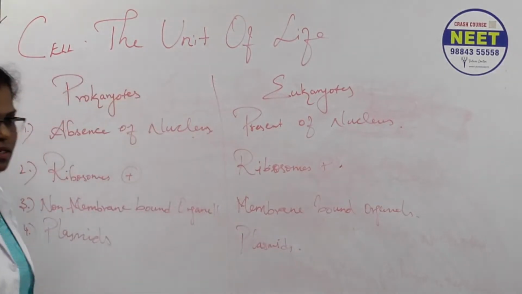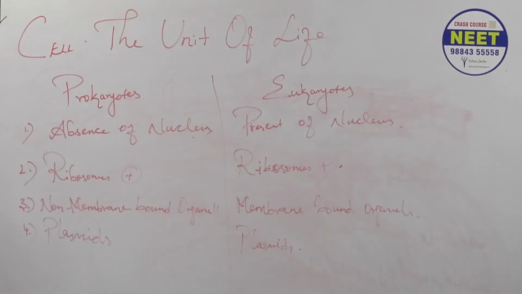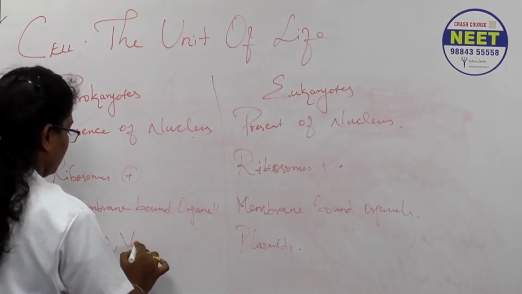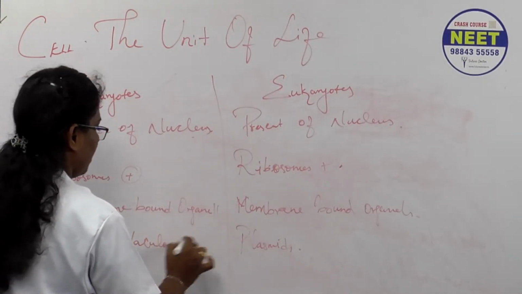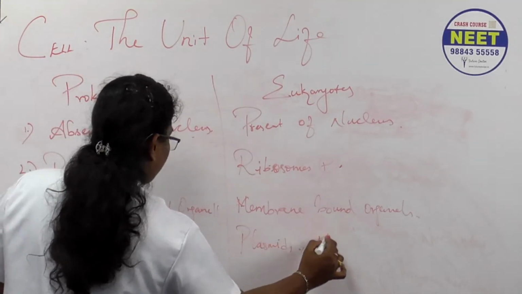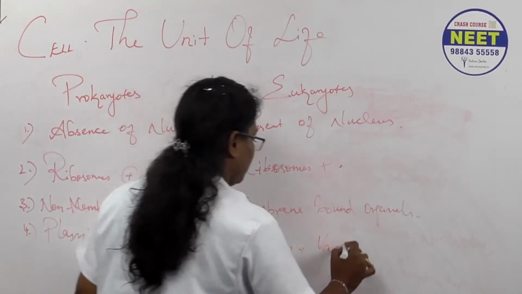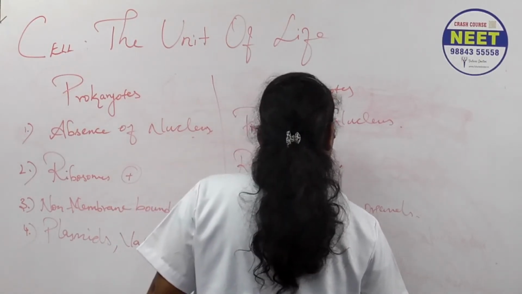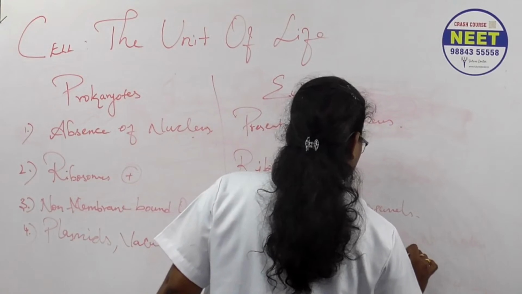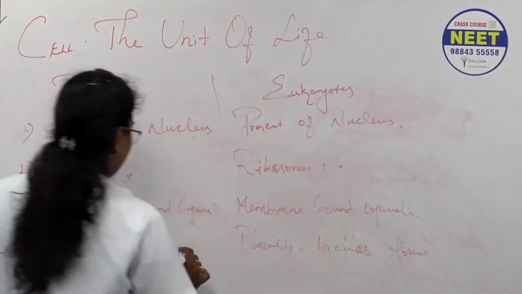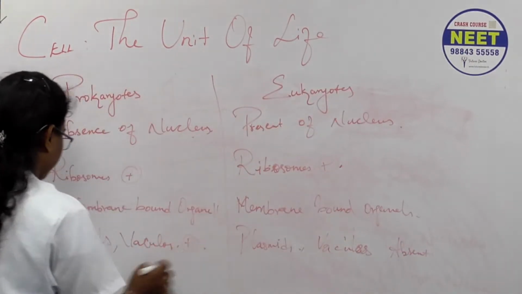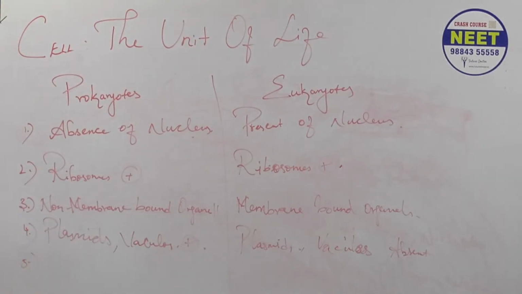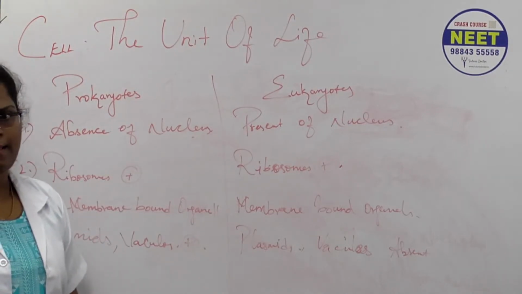Then next, vacuoles, here also vacuoles absent, right. Next. Cell wall.